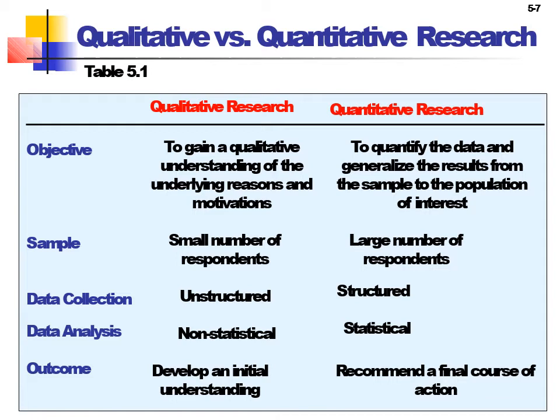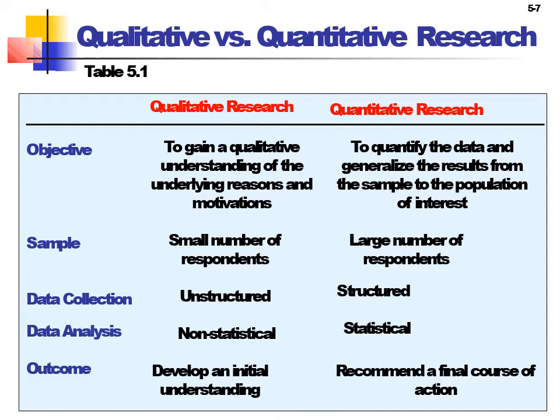Moving to the sample, the qualitative research sample is a small number of respondents. The quantitative research, a large number of respondents. The data collection in qualitative research is unstructured, and unstructured means it's not predefined or pre-organized. The quantitative research is structured, which means it's a pre-prepared list of questions, for example.